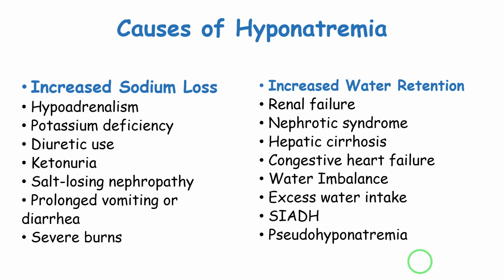These are the main causes of hyponatremia. We can divide them into increase in the sodium loss, increase in the water retention, and the other cause is the water imbalance.